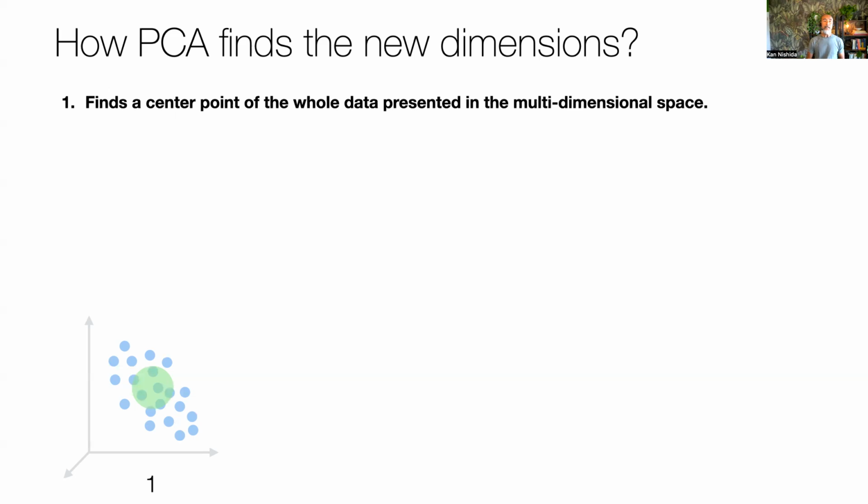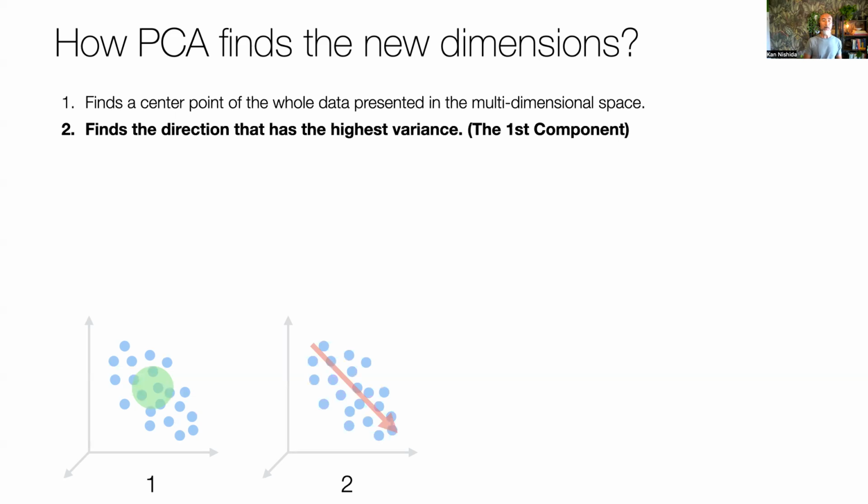Okay, then the next thing it does is ask, which direction has the highest variance? If this is a 3-dimensional space, that line is not necessarily X or Y or Z; it can go in whatever direction. But in this case, the red line has the highest variance.